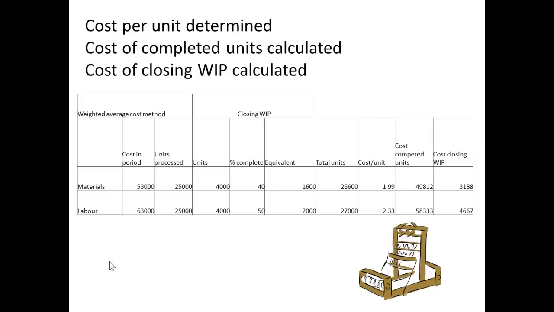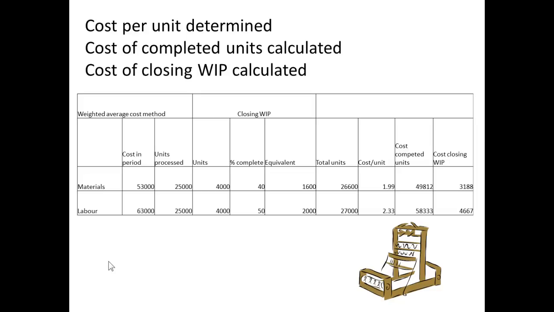So the cost of my completed units for materials 49,812, and the cost of my labour 58,333. I've got that obviously by multiplying the units processed at 25,000 by 1.99 for materials and 25,000 by 2.33 to give the 58,333 for labour.